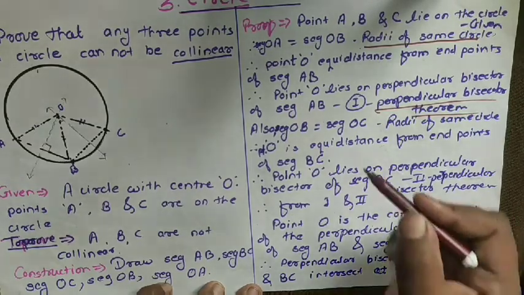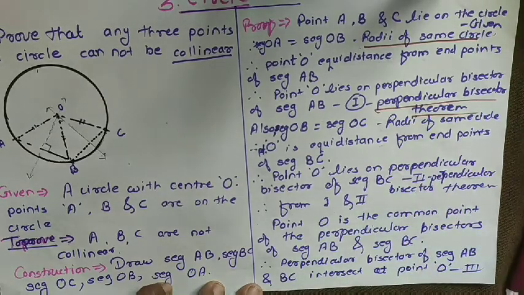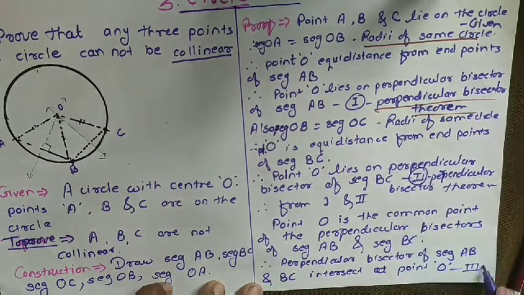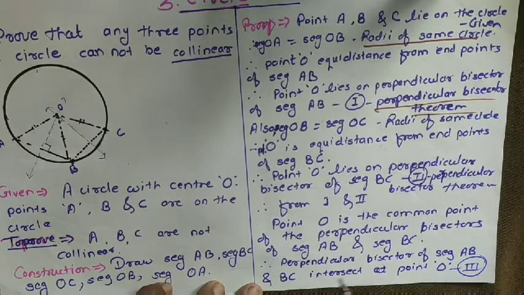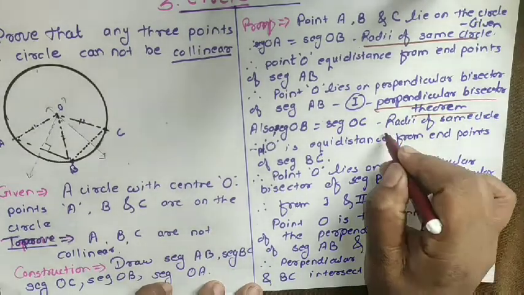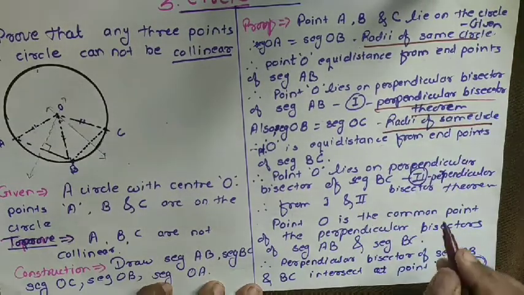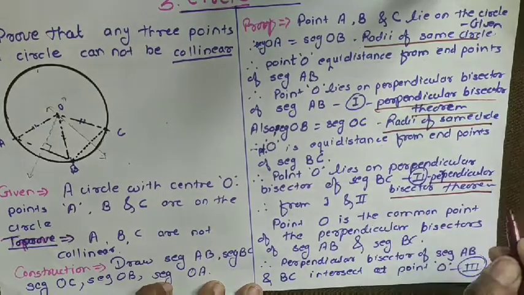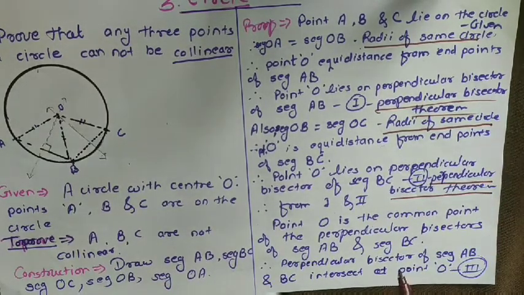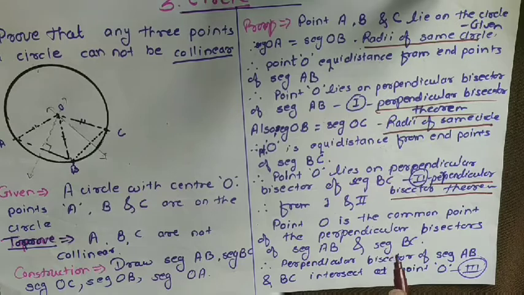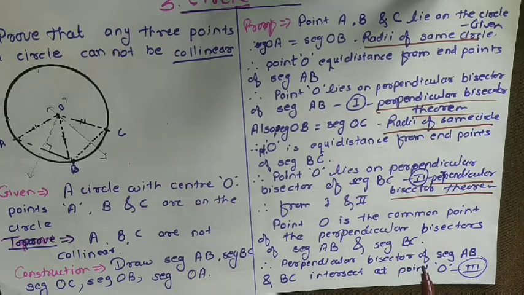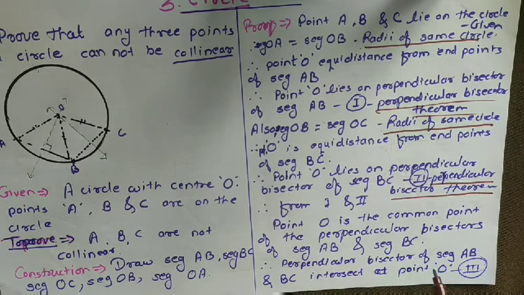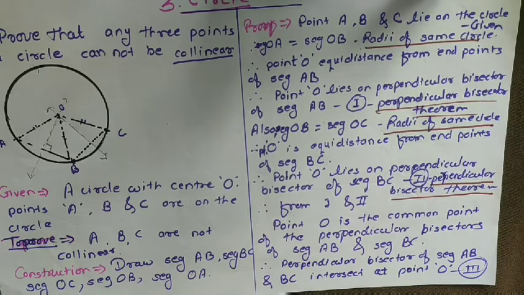This is my first statement, that is the second statement, and this one is the third statement. For that, I used here: radii of the same circle are the same size, and any point which is equidistant from the endpoints of a segment lies on the perpendicular bisector of that segment. These are the two theorems I used here.